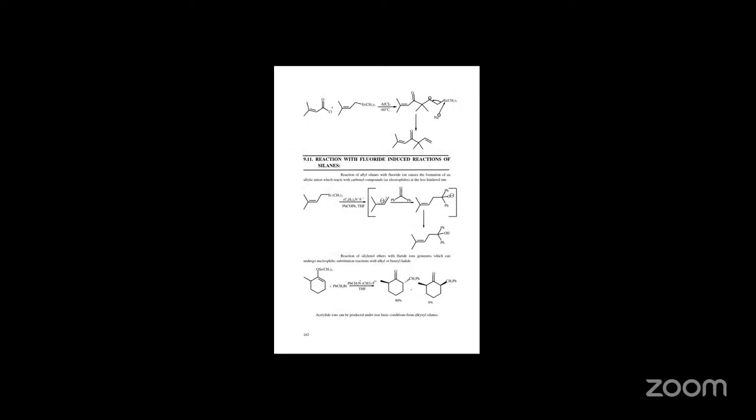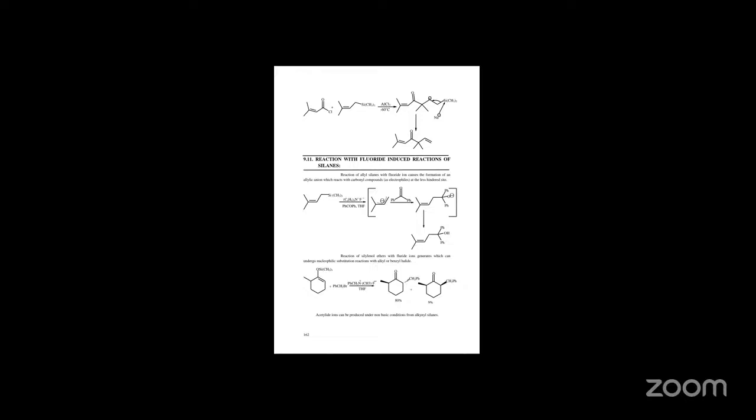So here one example is there. Here alpha beta unsaturated acyl chloride reacts with the allyl silane. So this acyl chloride gives an acyl carbocation. This acyl carbocation attacks at the gamma position of the allyl silane carbon.